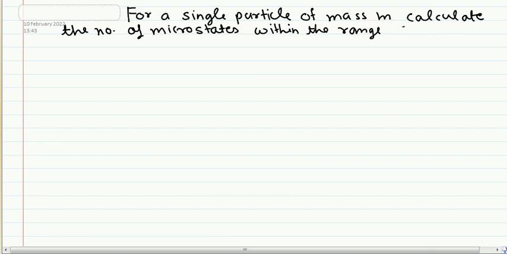For a single particle of mass m, calculate the number of microstates within the range 0 to E, where E is the energy of the system.